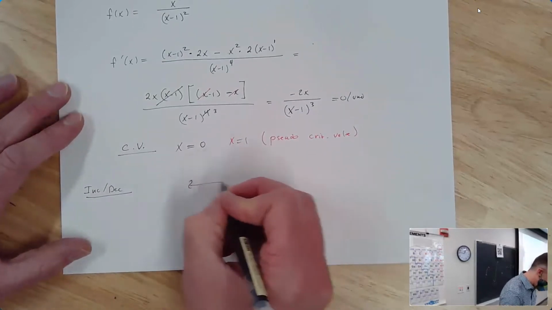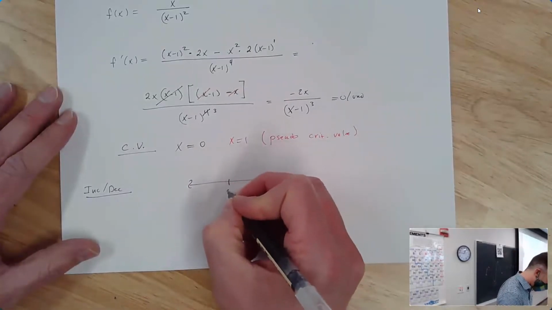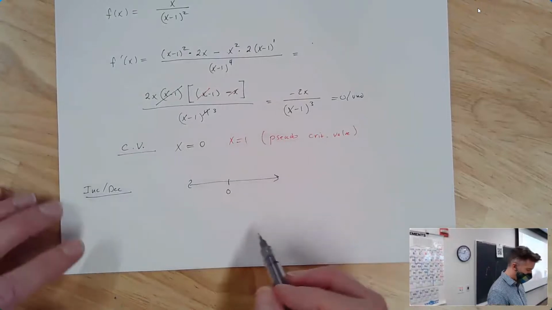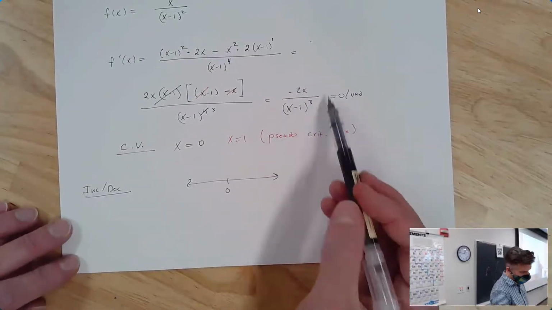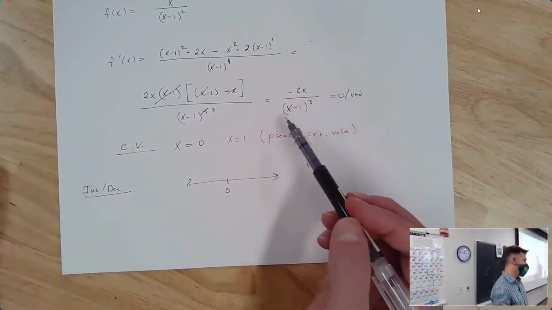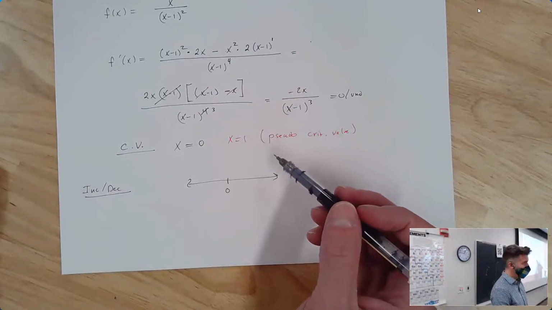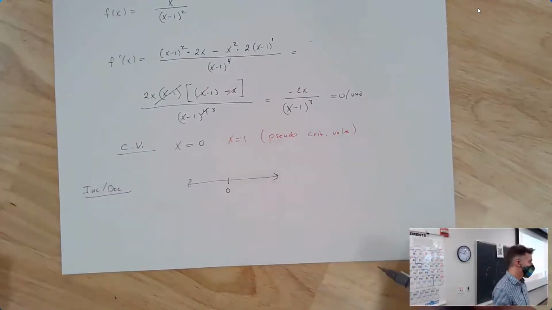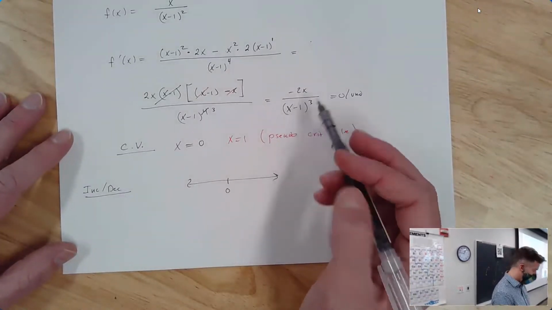If I included only my real critical values, I would look at my derivative, which is negative 2x over x minus 1 cubed. I'm going to pick something bigger than 0. Well, not 1. 1's a terrible choice because if you plug in 1, it's undefined. Let's pick 3. If I pick 3, the top is negative, the bottom's positive, the whole thing's negative.